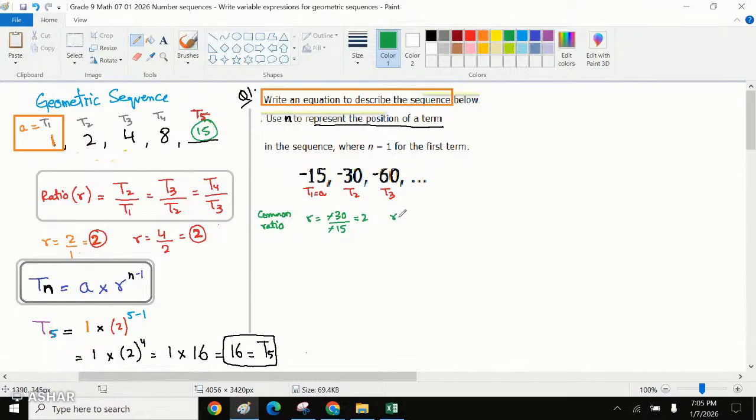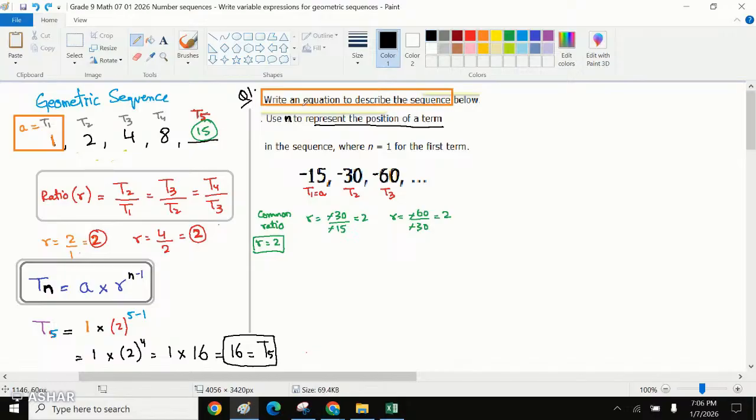We verify if our common ratio is the same. Term number 3 divided by term number 2, 60 upon 30, would again be equal to 2. The common ratio for this is 2. That means the terms change by a ratio of 2, twice the value.